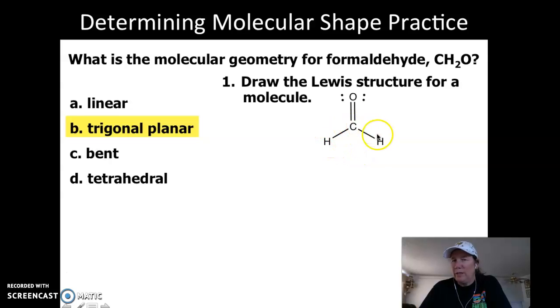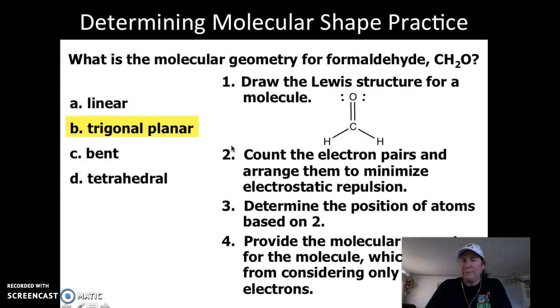I have 2 hydrogen and an oxygen, and I had to make a double bond so that everybody had 8. But now when I'm counting, I don't worry about these bonds on oxygen. I only worry about carbon, the middle guy. There's 3 bonded to it. There's no lone pairs. Yes, oxygen has lone pairs, but I only have to worry about carbon. There are no lone pairs on carbon, so 3 and 0 would be trigonal planar. That's how you work it out.